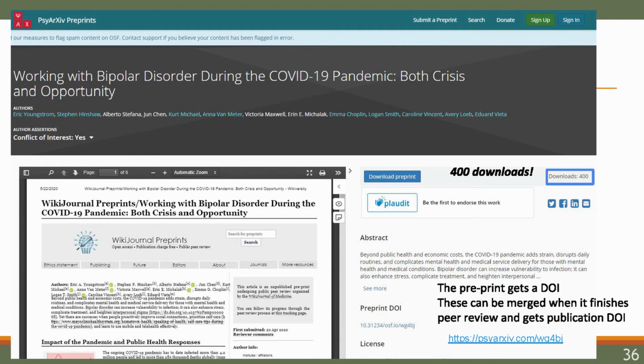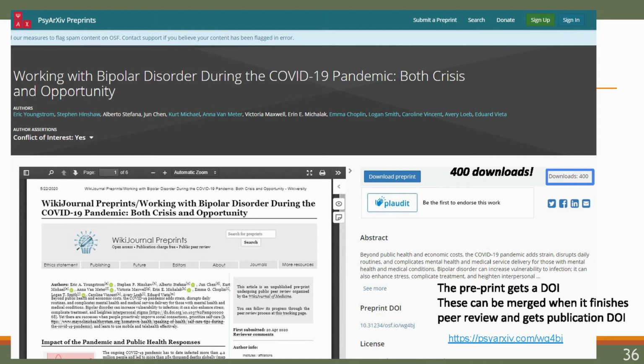Putting it on SciArchive, it gets a DOI. Down, whoops, I can't tell whether you can see my mouse or not. Down sort of bottom in the middle is the DOI. And the URL that would take you to the article is sciarchive.com, and then the last part of the DOI. So that's the unique identifier for this preprint.